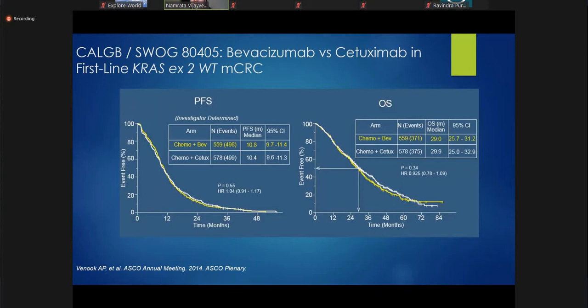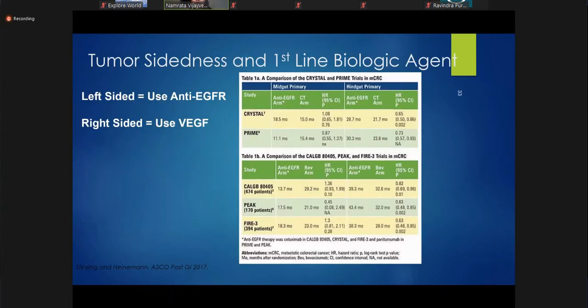But then, based on the data that had come from sidedness, left versus right-sided, everybody went back and reevaluated these studies based on sidedness. This is a sort of consort diagram. This review article did a very nice job of summarizing the findings of these studies.